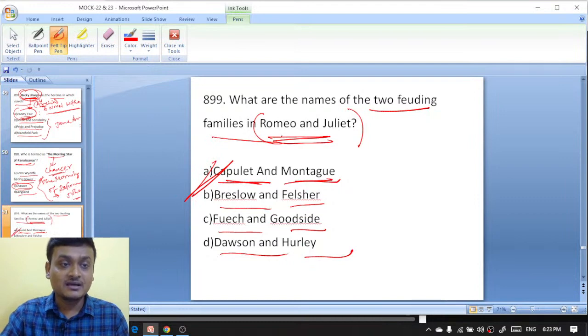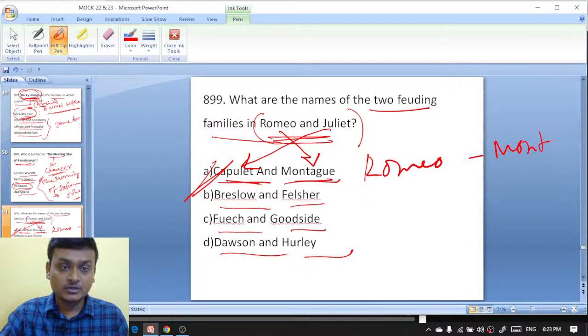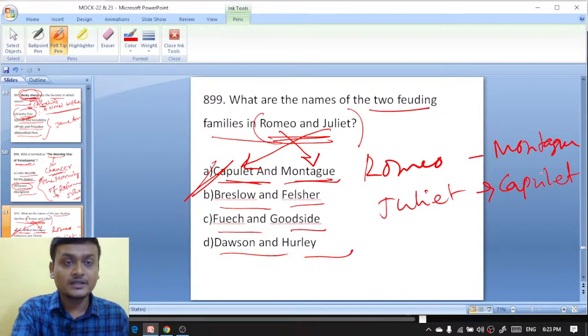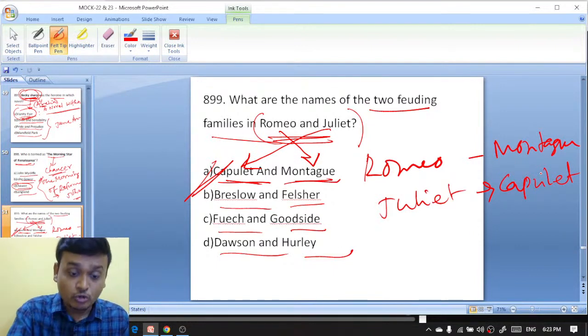Romeo is the son of the Montague family, whereas Juliet is the daughter of the Capulet family. These are the families in Romeo and Juliet, written by Shakespeare.